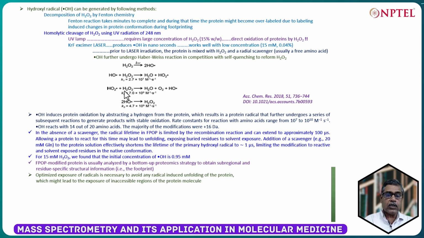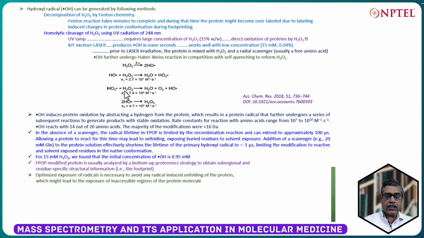Then HOO dot can attack an H2O2 molecule again, and then that may produce one molecule of water, one molecule of oxygen, and one molecule of OH dot. Now, these two OH dot can combine to give back hydrogen peroxide again.